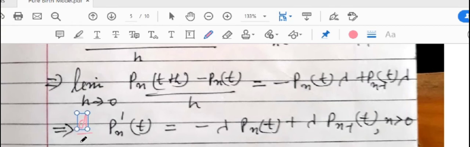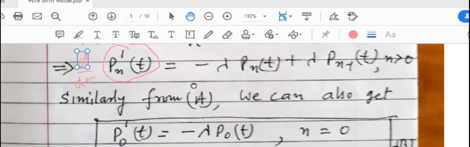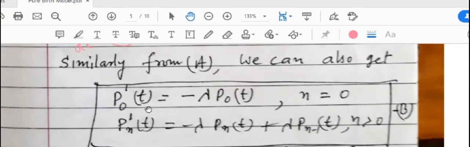Later we are going to write d/dt, but this time we are going to write this symbol, the symbol of the first derivative. Similarly, from A we can also get this for n is equal to 0. P, the first derivative, is defined in this way by doing the same process.